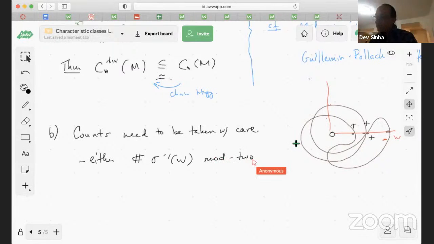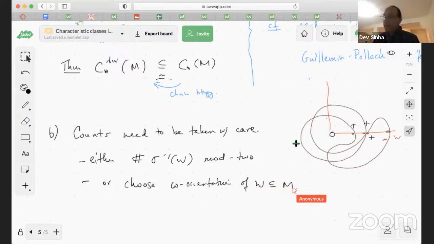or let's assume, or we choose what's called a co-orientation of W in M. And what that means is an orientation on the normal bundle.